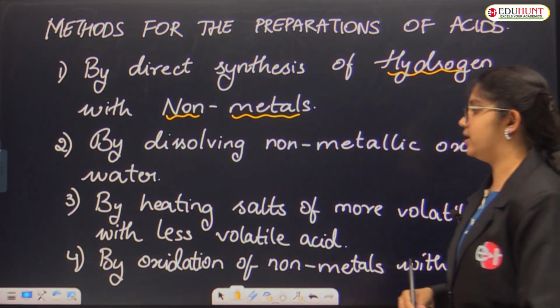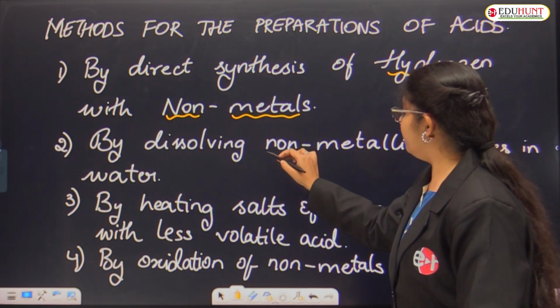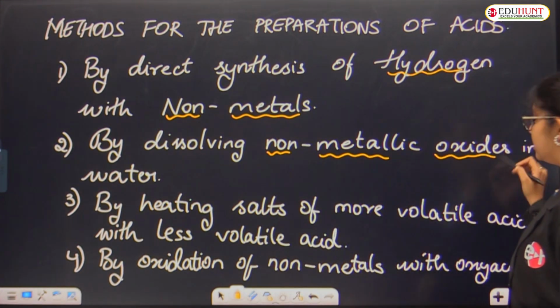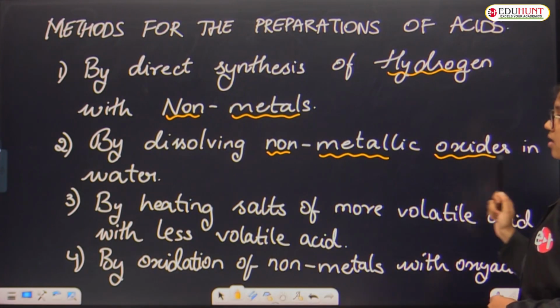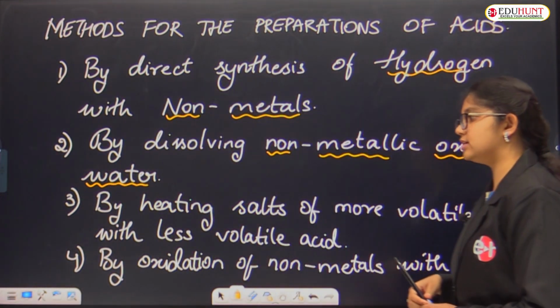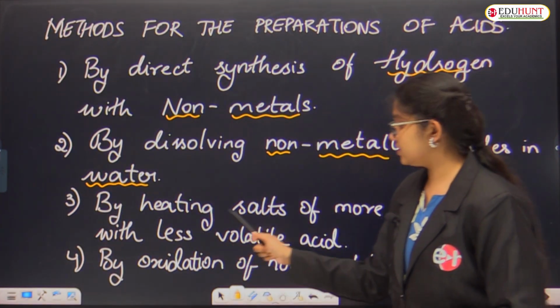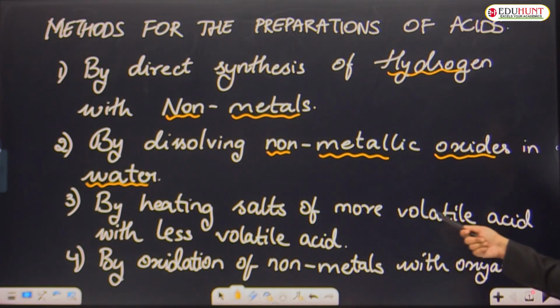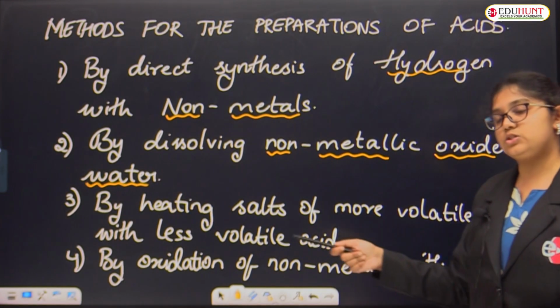Now, the second one, by dissolving non-metallic oxides in water. What is the third one? By heating salts of more volatile acid with less volatile acid.